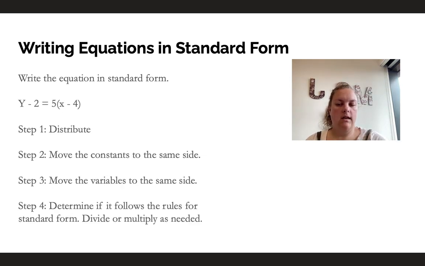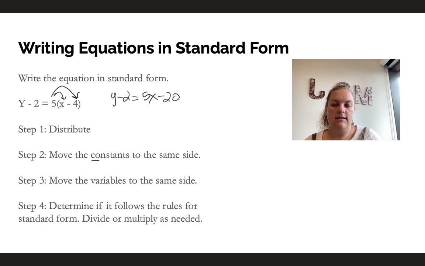We can also take an equation that is written in point-slope form and write it in standard form. So the first thing we do is we look at our equation, y minus 2 equals 5 times x minus 4, and we're going to distribute the 5. So 5 times x and 5 times negative 4, so minus 20.